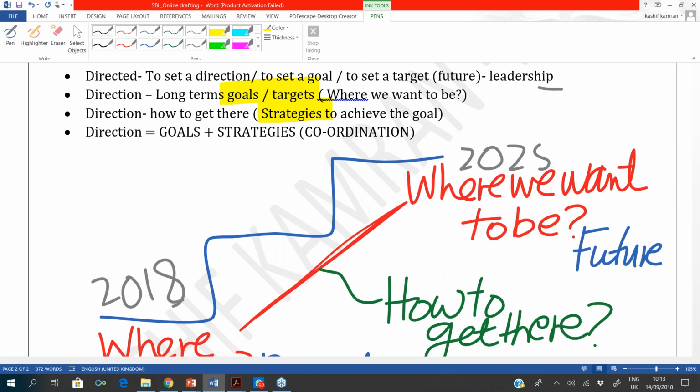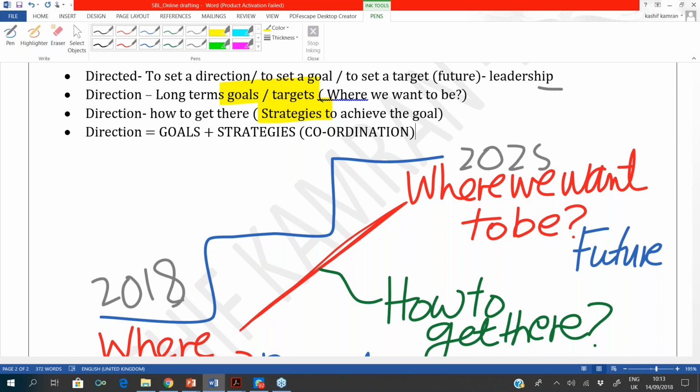A right goal with a bad strategy is a failure to the business. And how many corporate businesses have failed in the last 10 years, in the last 15 years, just because they didn't have a good strategy or their competitor had a better strategy than the main company. How many times the competitor gives you a tough time because the competitor has a better strategy than you.